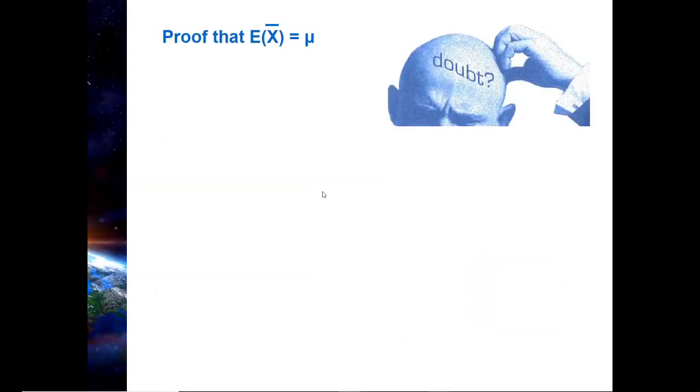Okay, so now we've exhaustively sampled. Now let's run through the remaining steps, and I'm going to prove to you that X bar is unbiased. In other words, I am going to show you that the expected value of X bar does in fact equal mu. Remember, as long as we can say that this statement is true, we know that X bar is unbiased.